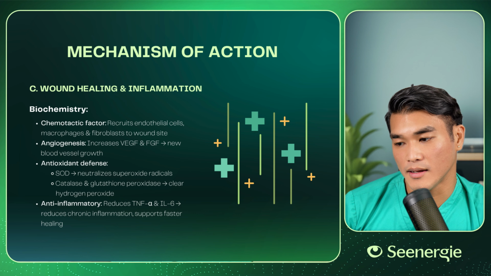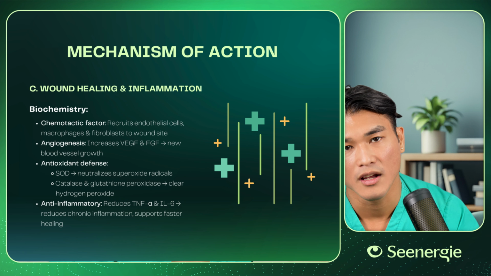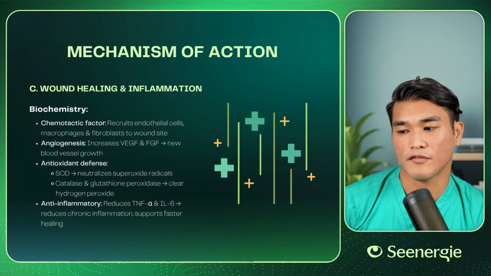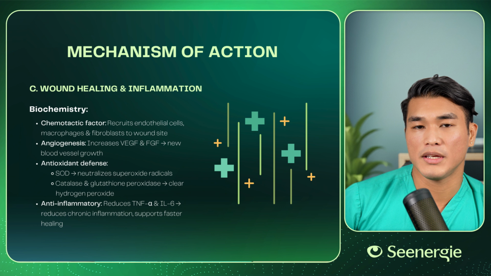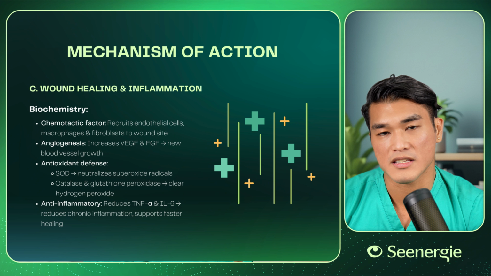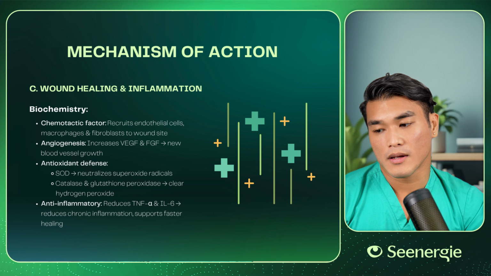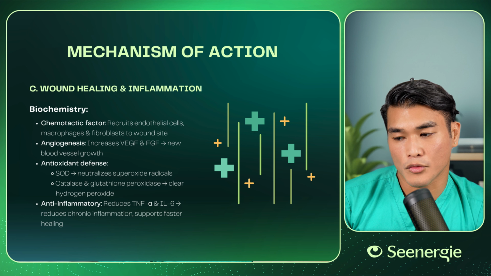What does that mean? Its job is to attract endothelial cells, macrophages, and fibroblasts to the wound site to promote healing. Chemotactic means it's an attractor of certain of these other cells and other components. So it recruits them, it calls them where they need to start working.